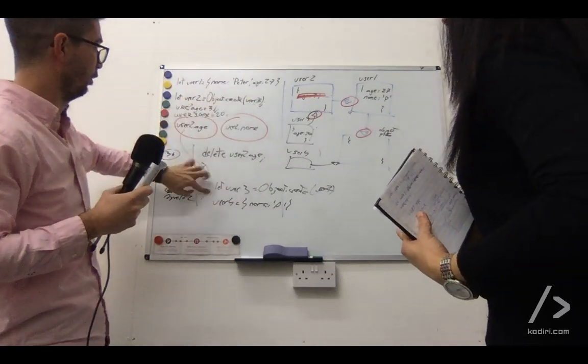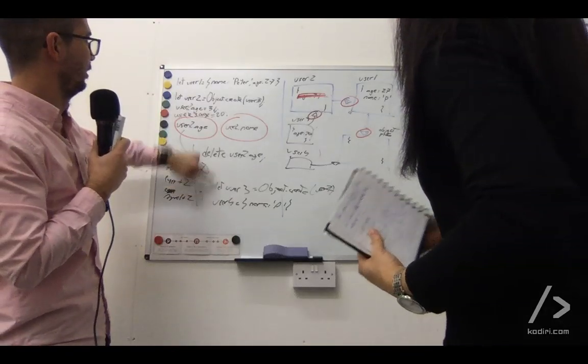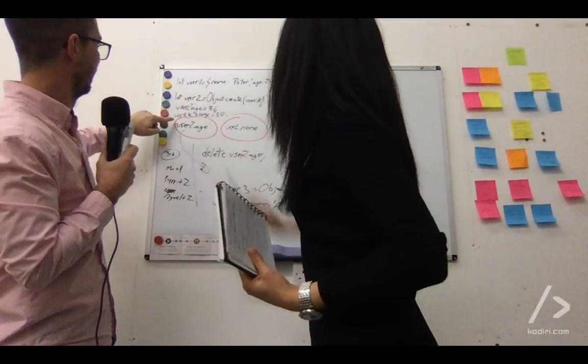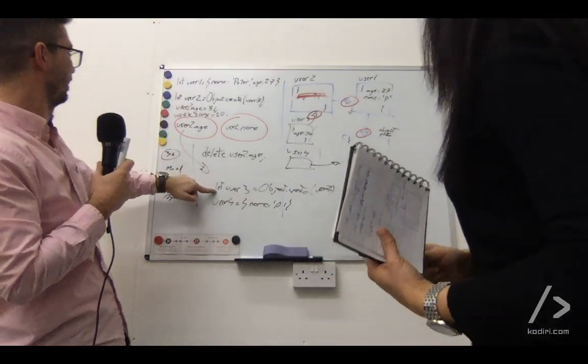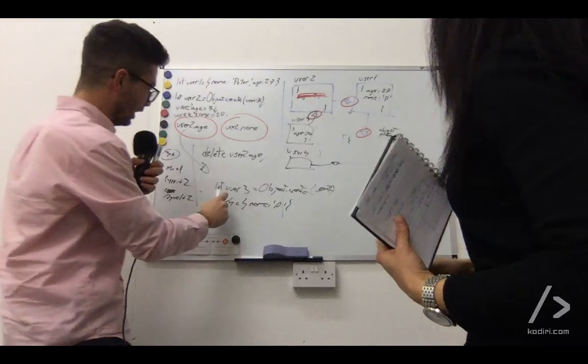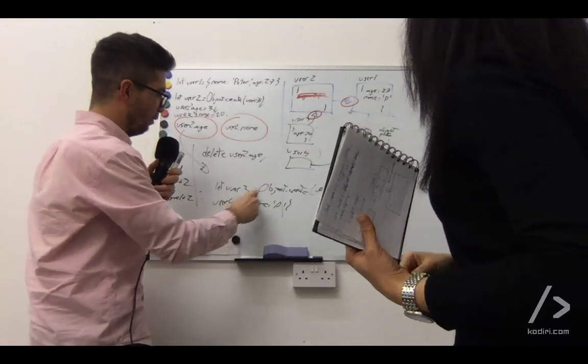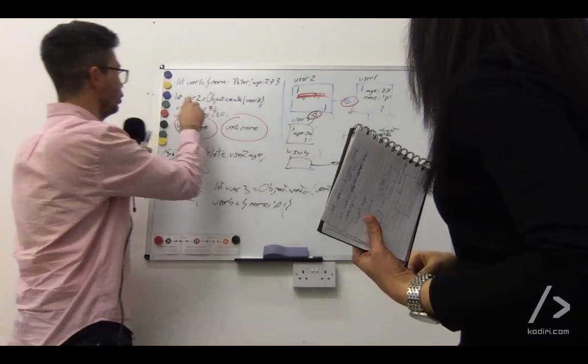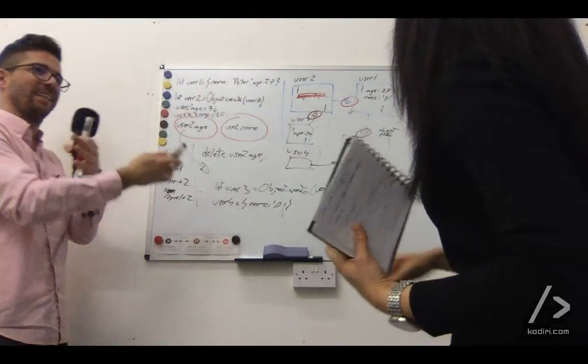We create user3 here. But that doesn't make sense because you create user3 from user2, and then you create user2 from user3. Is this different?